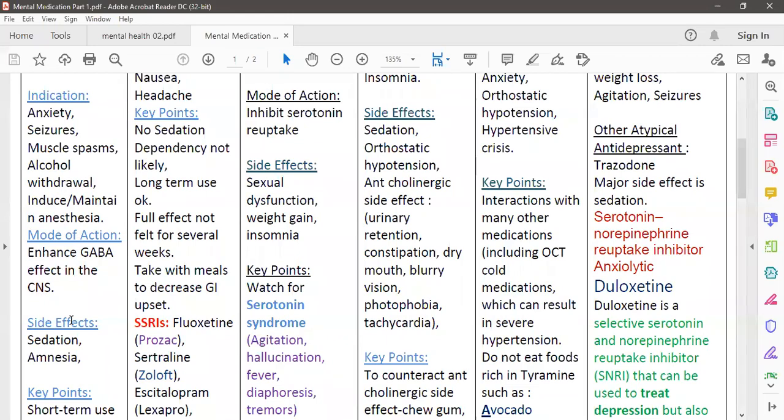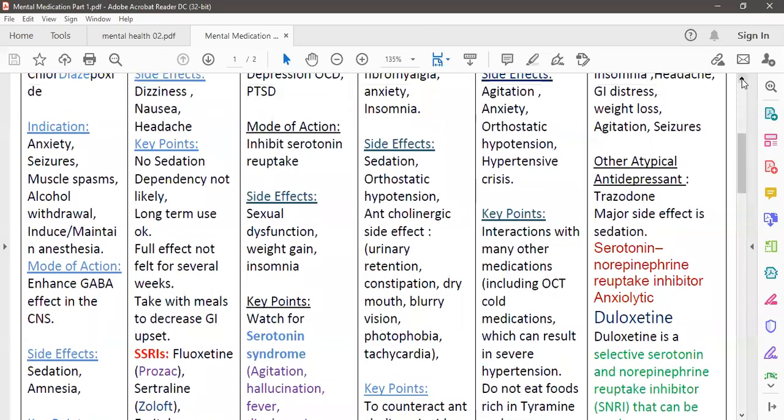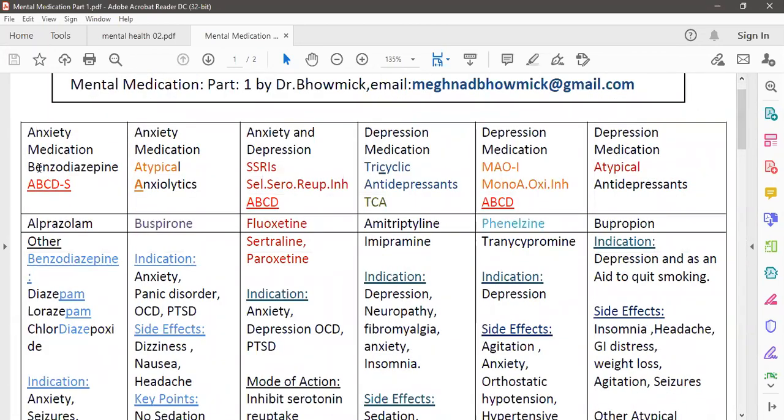The common side effects of benzodiazepines, I said, are sedation and amnesia. Amnesia means loss of memory. But here I could share an easy way to remember the common side effects of benzodiazepines: A, B, C, D, and S. A stands for altered vital signs.